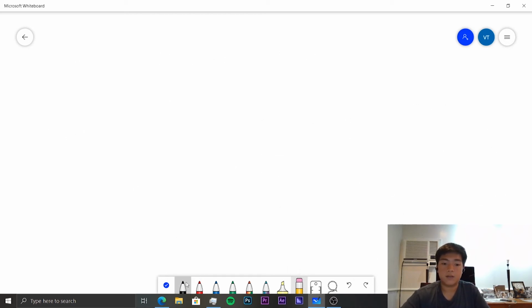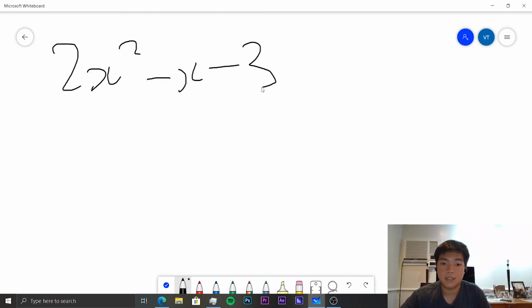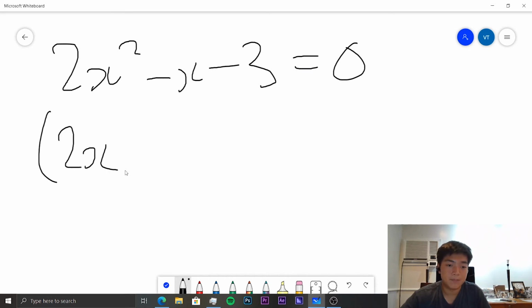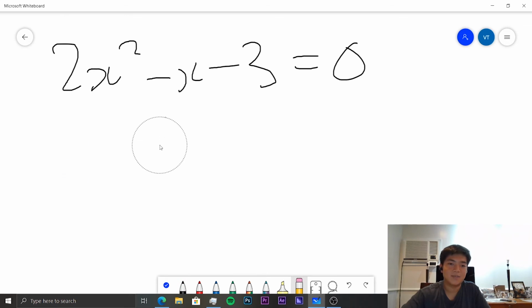And next, for our final question, we have the equation 2x squared minus x minus 3 is equal to 0. And so completing the square, we get root 2x minus 1 over 2 root 2, squared. Okay, so this is a bit trickier.